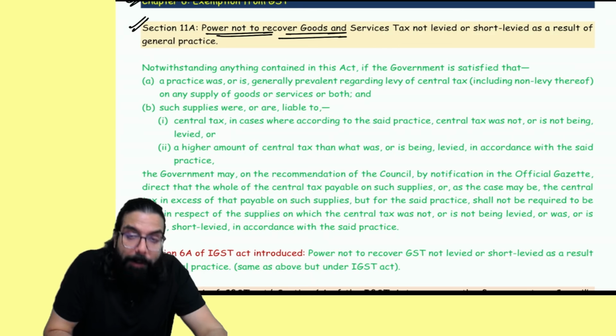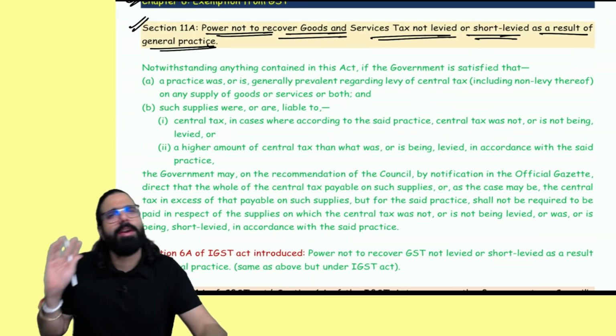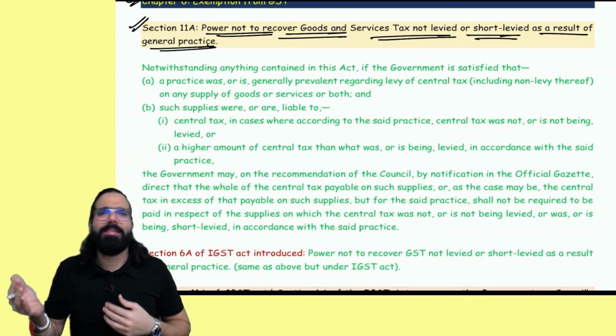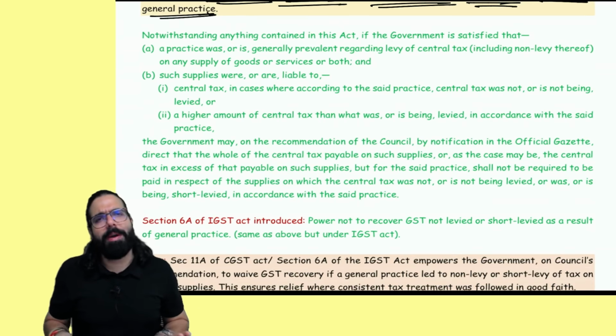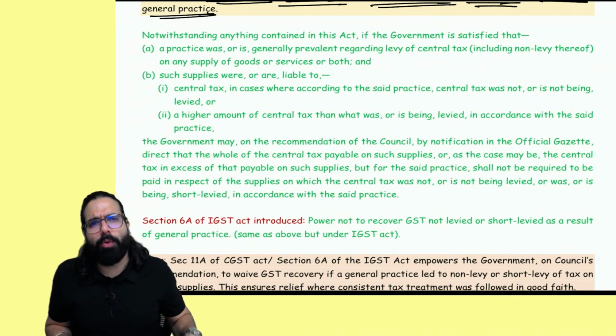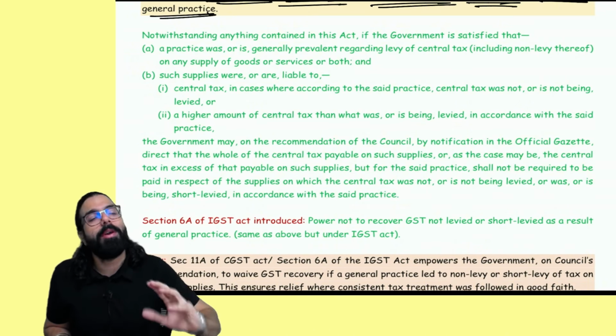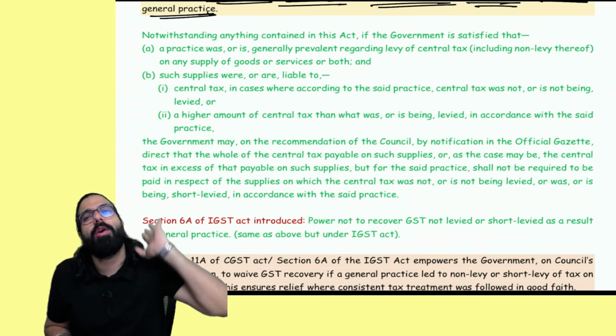Power not to recover GST not levied or short levied as a result of general practice. Because of a general practice, GST was being short levied. Now the government is telling that the short levy amount, or what was not levied at all, we will not recover it now, because it was a general practice followed by the whole industry.